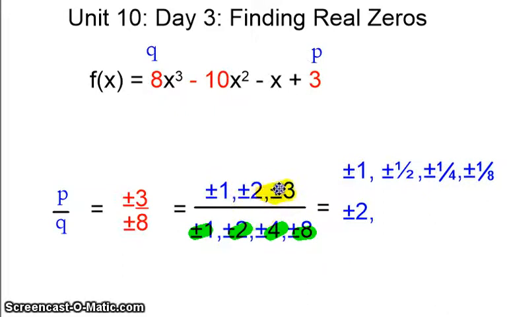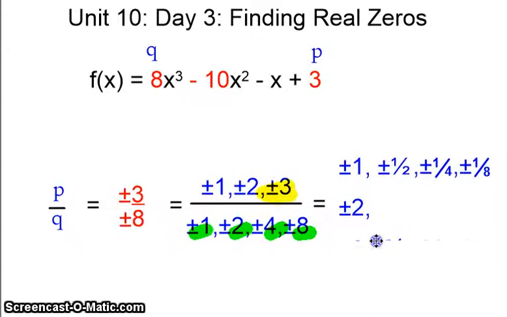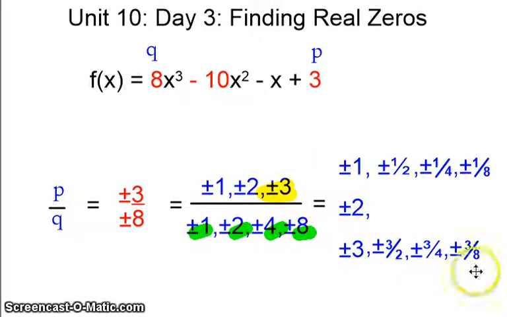Then I move down to the other factor in the numerator, and I get plus or minus 3. So plus or minus 3 leaves me with 3 over 1 is 3, 3 over 2 is 3/2, 3 over 4 is 3/4, and 3 over 8 is 3/8. All that means is that these are all the potential zeros of this polynomial.